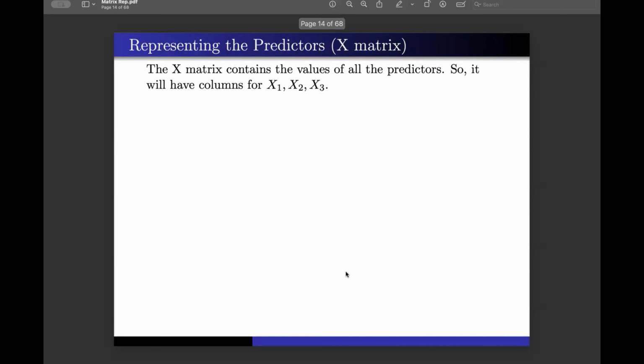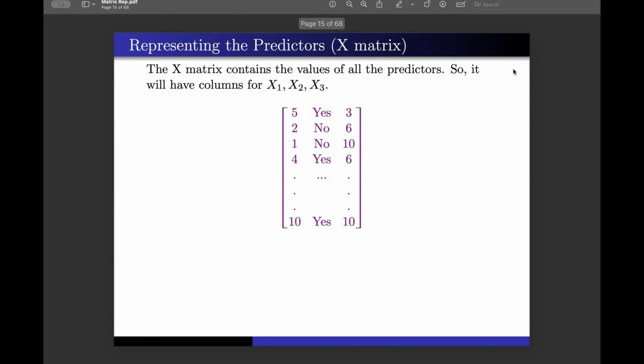Let's look at the matrix representation of the independent variable X. The X matrix contains the values of all the predictors. So it will definitely have values of all three independent variables from the data set. We have values for the independent variable x1, the number of hours they studied before the exam.